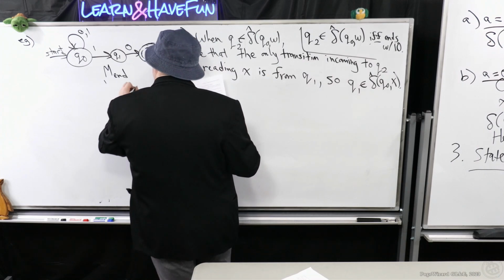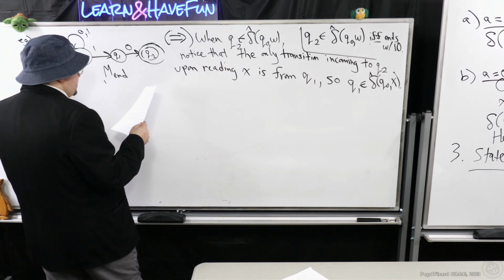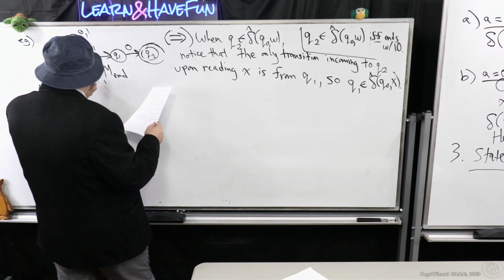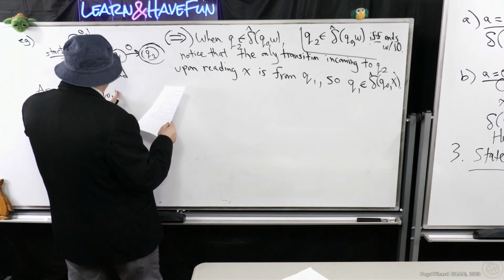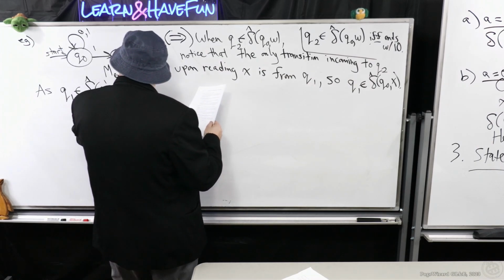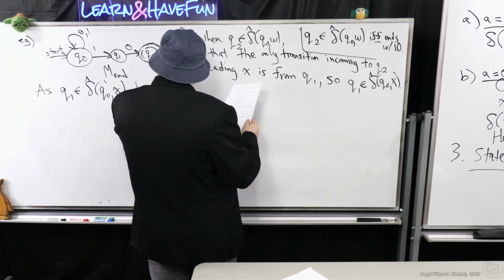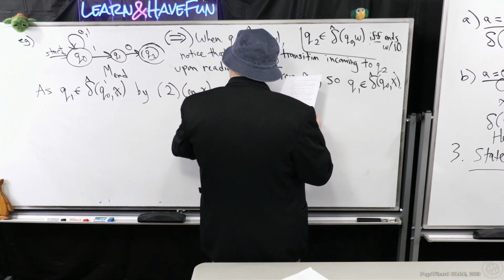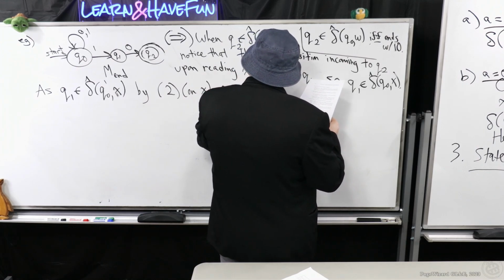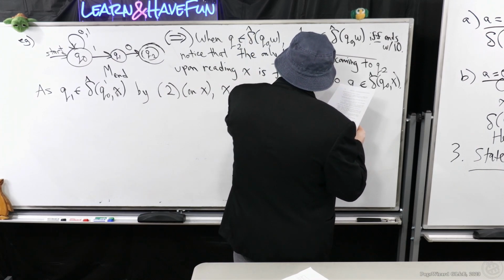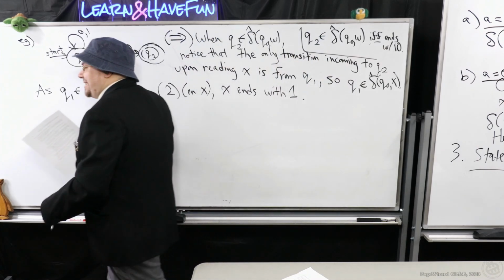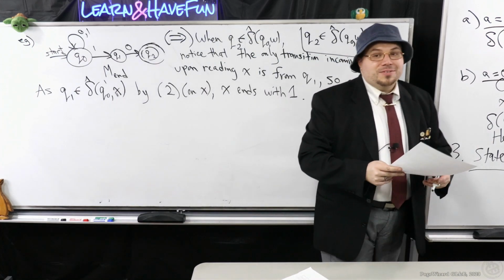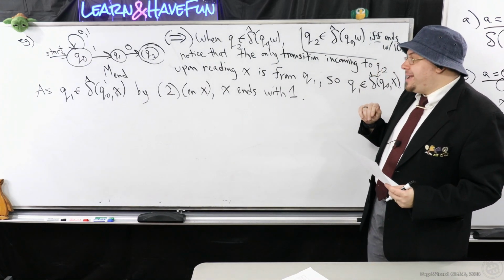So as Q1 is in delta hat Q0 X, by invariant 2 on X, X ends with 1, right? That's what we got from the induction hypothesis. So we know it ends with a 1. That's what X ends with.